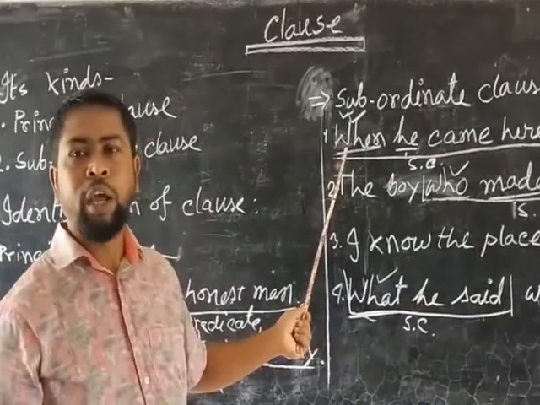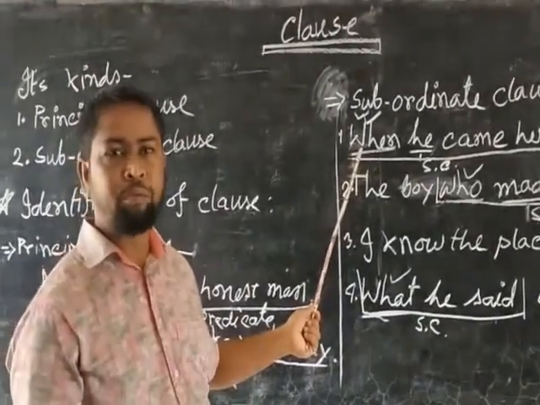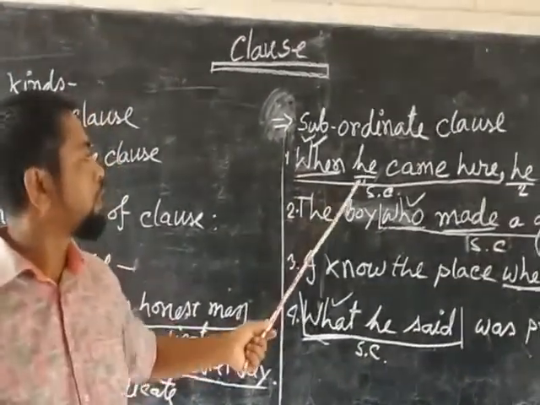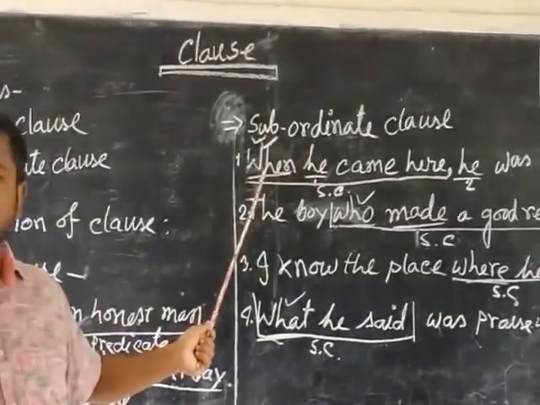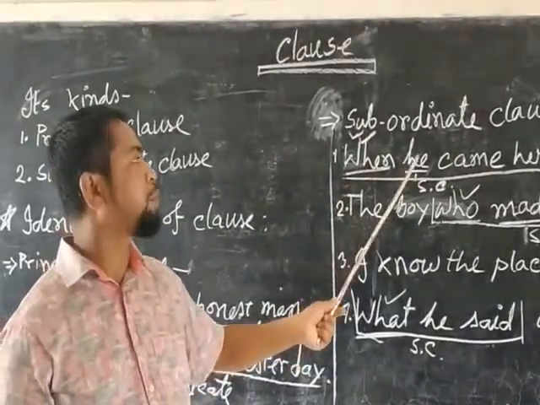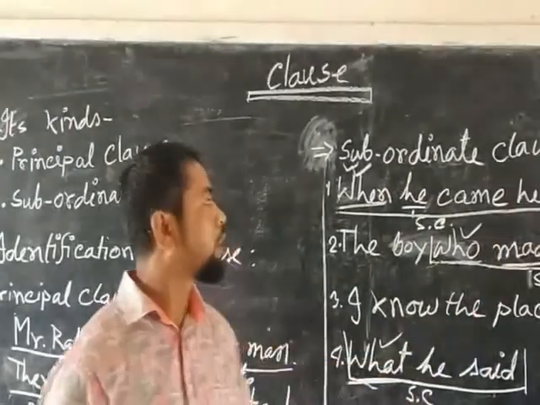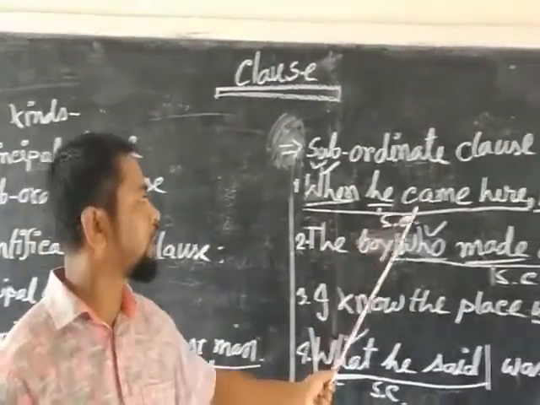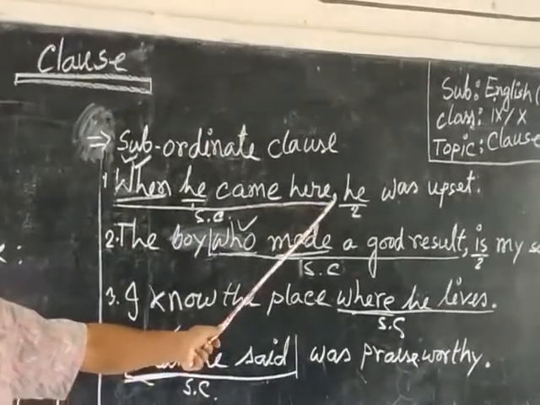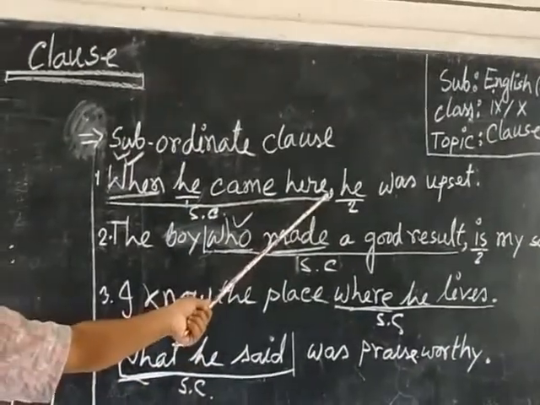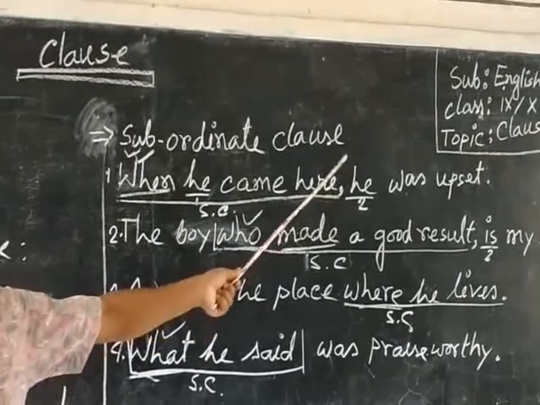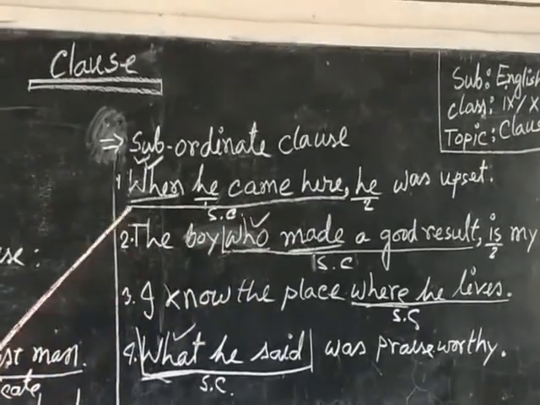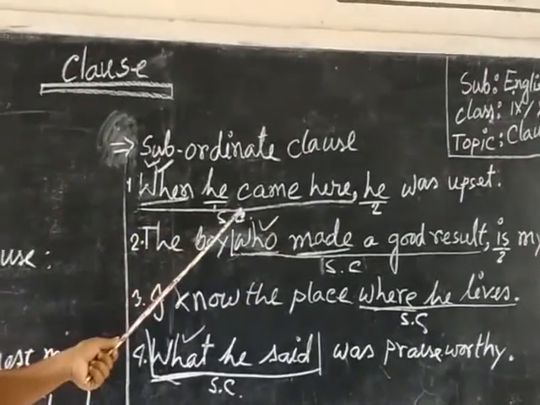Here we have to notice some characteristics. After the conjunction, if we have two subjects, from the conjunction, foremost the second subject is the subordinate clause.